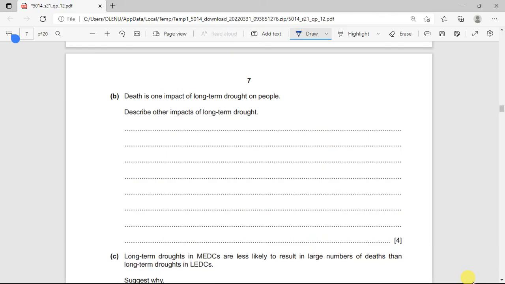Now, death is one of the impacts of drought, so describe other impacts of long-term drought. Long-term drought will lead to lack of food, and lack of food will obviously lead to starvation.